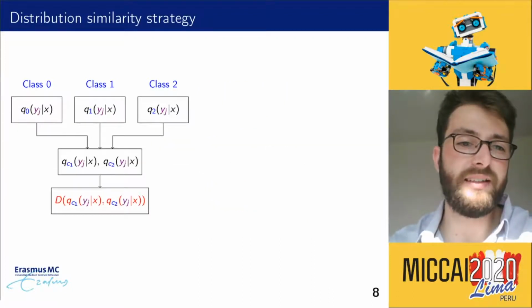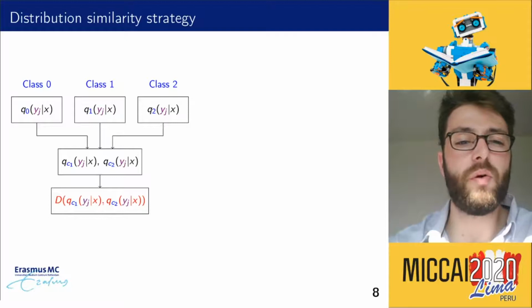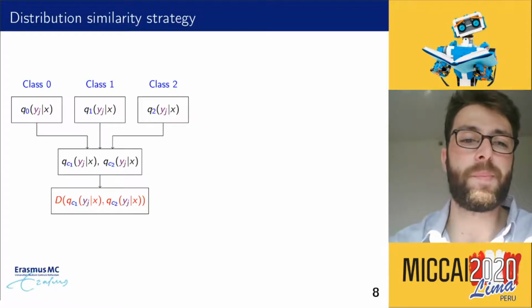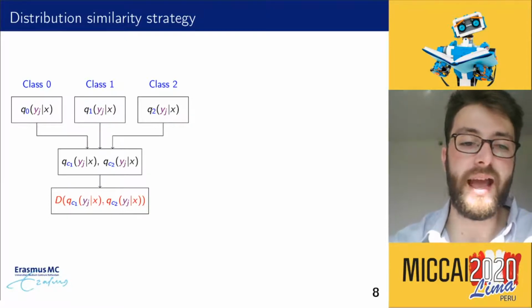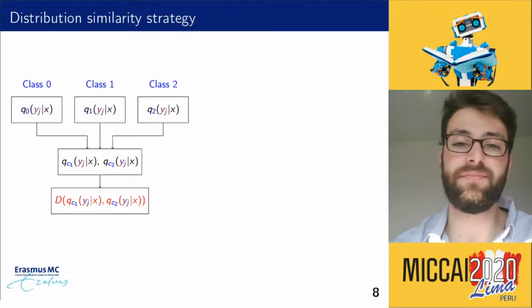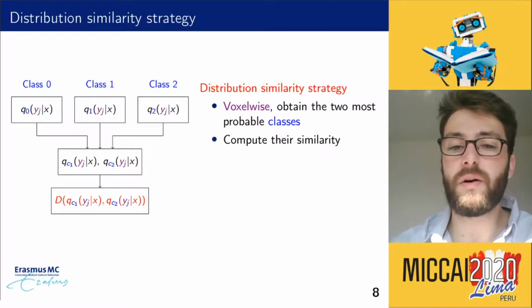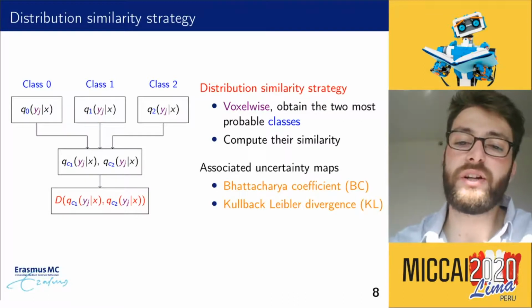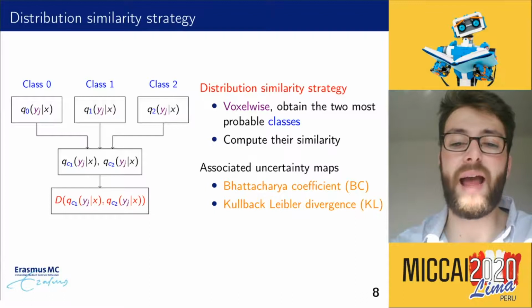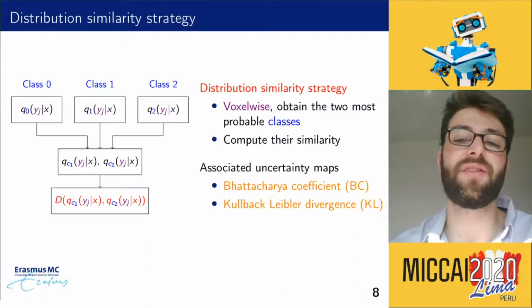Another possibility is to take the two most probable classes per voxel and then compute their similarity. This strategy can be associated in our paper to the Bhattacharyya coefficient uncertainty map and the Kullback-Leibler divergence uncertainty map.